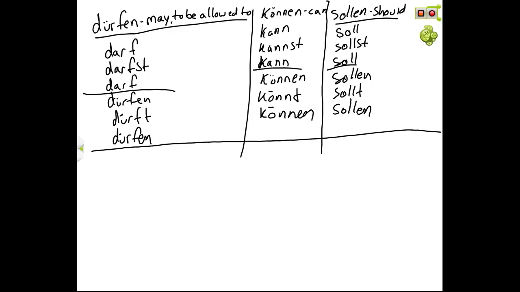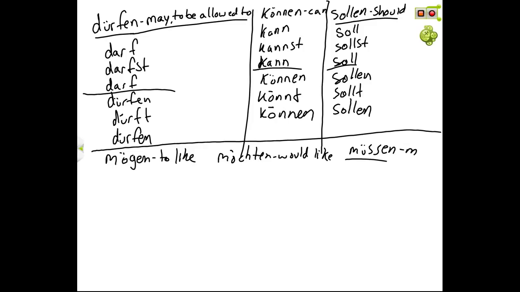Also on our list of modal auxiliaries, we have 3 M's. Mögen, to like. Möchten, would like, which is actually a form of mögen, and müssen, to have to, or must.